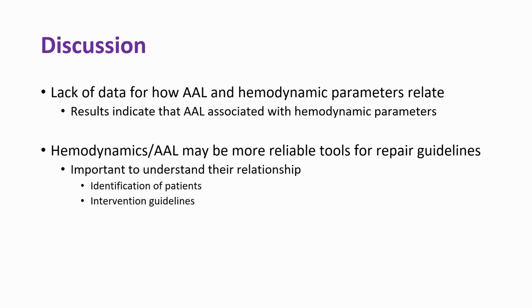And so hemodynamics and ascending aortic length may be more reliable tools for this purpose. But as such, it's important to understand the relationship, as this may lead to better identification of patients that are at risk of complications of ascending thoracic aortic aneurysm, and may also help in creating more effective intervention guidelines for these patients.